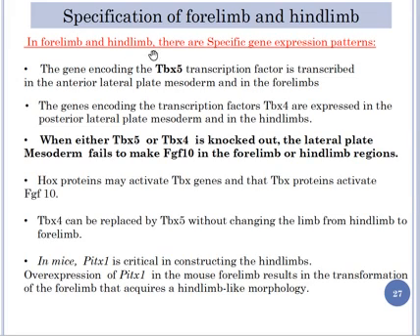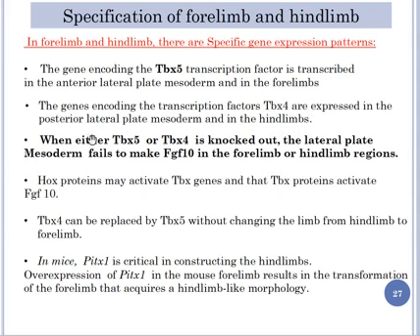So the gene encoding TBX5 is transcribed in the anterior lateral plate mesoderm and in the forelimbs, as I explained before, and the gene encoding the transcription factor TBX4 is expressed in the posterior lateral plate mesoderm and in the hind limbs.